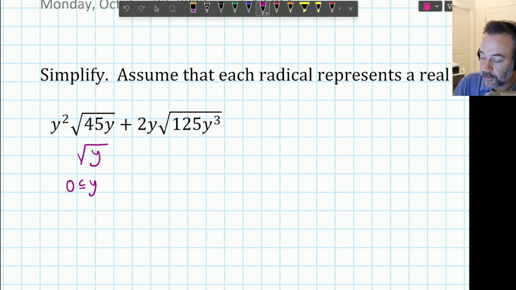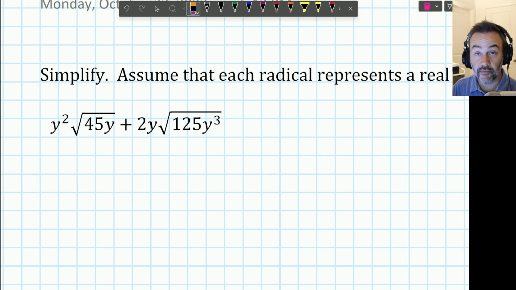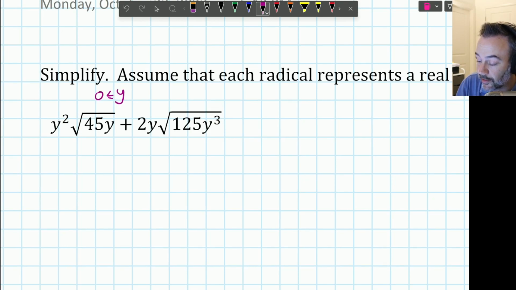Because if y were negative, then square root of 45y would be square root of a negative number, and that would not be real. So because of the instructions where we assume that everything is a real number, we can conclude that the domain of y is all non-negative numbers. It's either positive or 0.